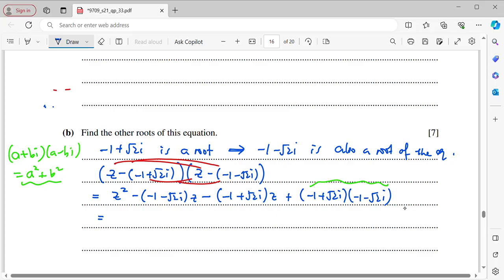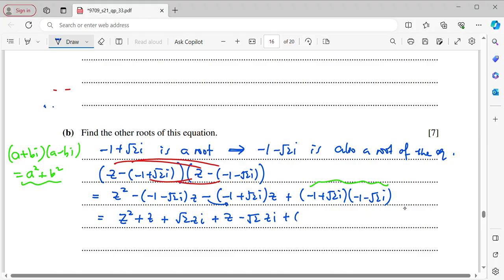Then now when you do expansion, z squared, it will be plus square root 2 zi. Then here do expansion together with the z at the back, so plus z minus square root 2 zi, and the last two terms when you multiply together, it will be a squared plus b squared.